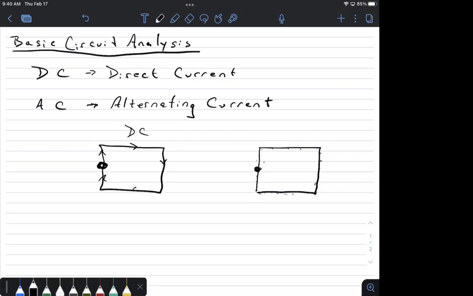And so what alternating current does is it says, look, instead of trying to take the electron that's sitting right at the beginning and push it all the way around the circuit and all the way back again, which is what DC does, and in doing so every other electron in the wire gets pushed along as well, well, that takes a lot of work.